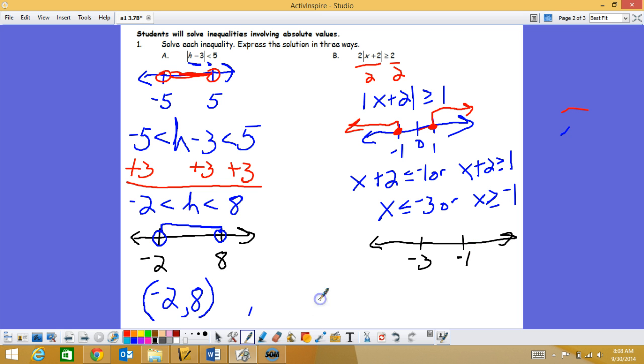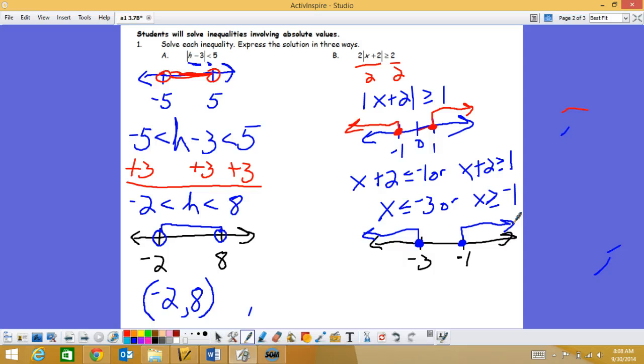Since we're less than or equal to and greater than or equal to, we're going to have closed circles at both of these numbers. Those values less than or equal to negative 3 are to the left. Those values greater than or equal to negative 1 are to the right of negative 1. So that is the graph of the solution.